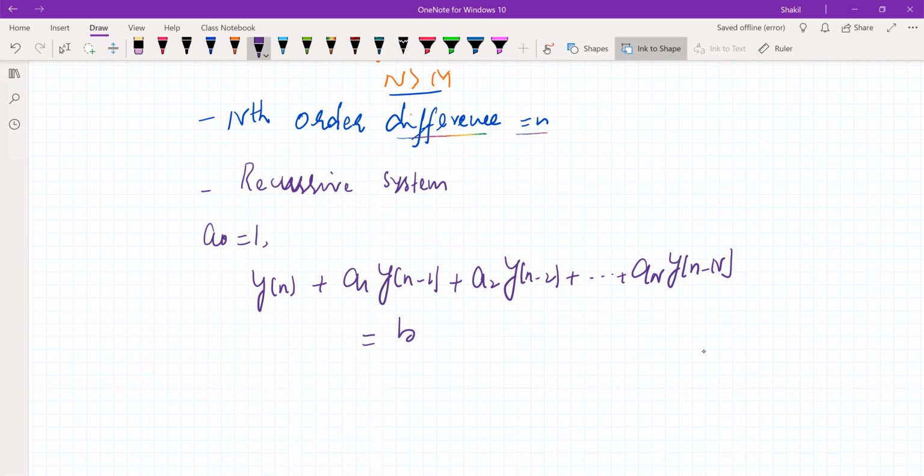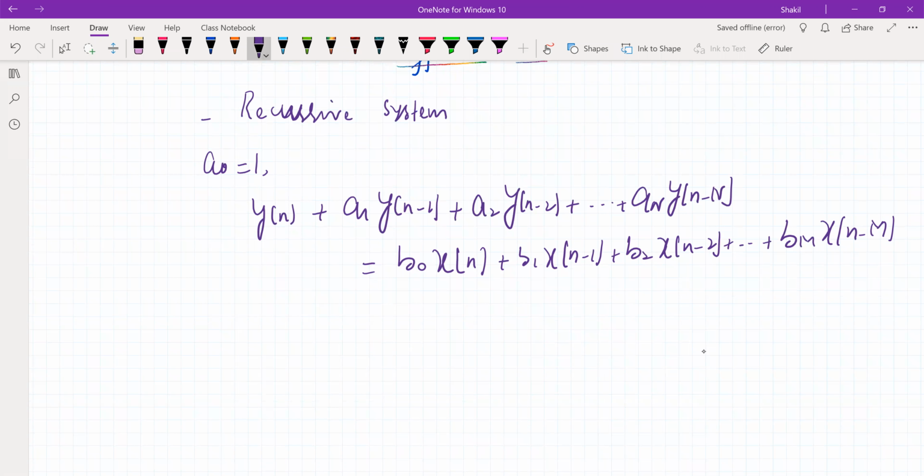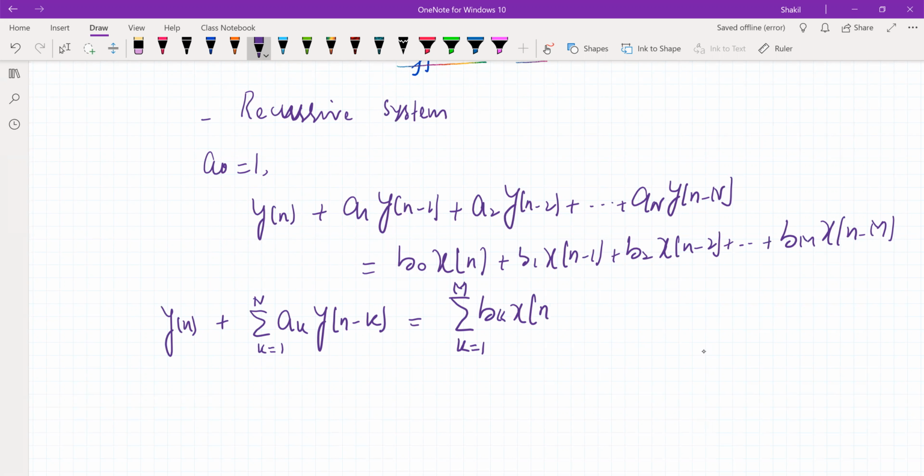y of n is equal to b0 x of n plus b1 x of n minus 1 plus b2 x of n minus 2 plus so on, b_M x of n minus M. So this is our difference equation, and we can also write it like this: y of n plus the summation k running from 1 to N of a_k y of n minus k is equal to the summation k running from 1 to M of b_k x of n minus k.